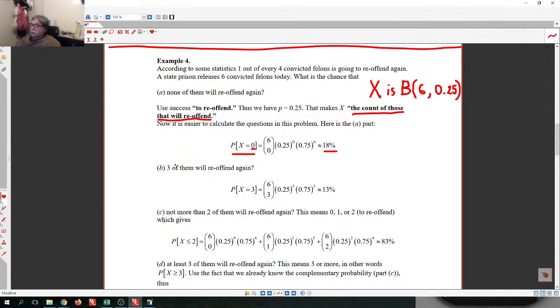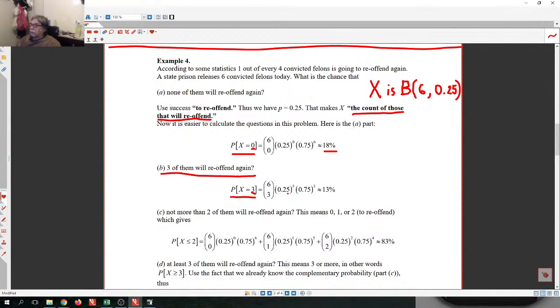Okay. Question here, what is the chance that 3 will reoffend? Again, you have the probability mass, the probability that X is going to be 3. Again, the same formula. n chooses k, and now k is 3 here. n is 6, so 6 chooses 3. This is going to be some number to calculate.